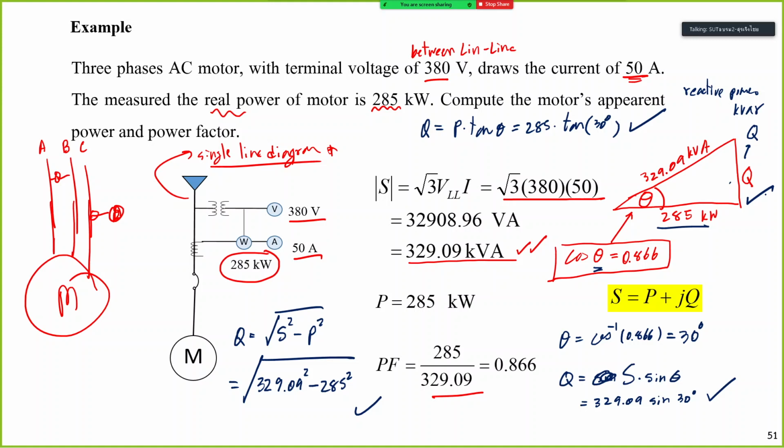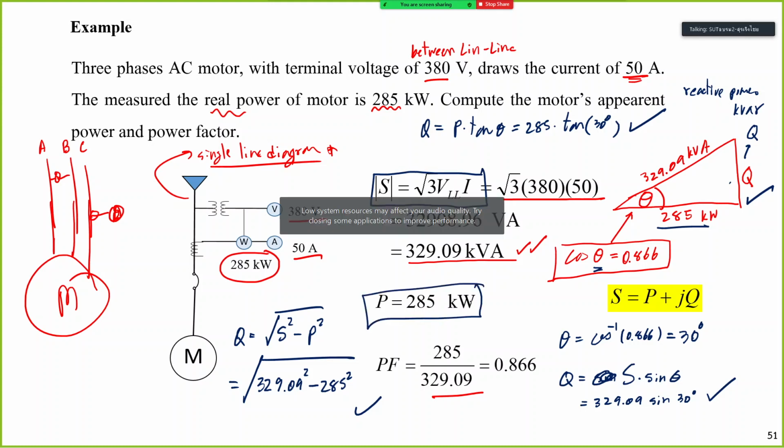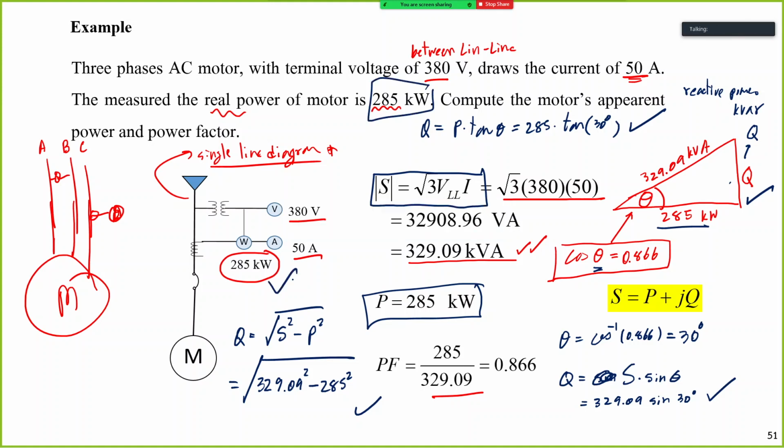Okay, you can get S from volt and ampere. You can get P from the measurement value, right? Usually we can measure from the meter. But with the newer meter, you can measure everything. You can measure S, you can measure Q, you can measure power factor as well.